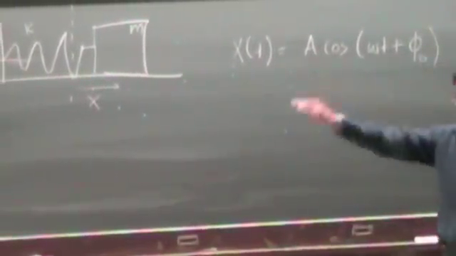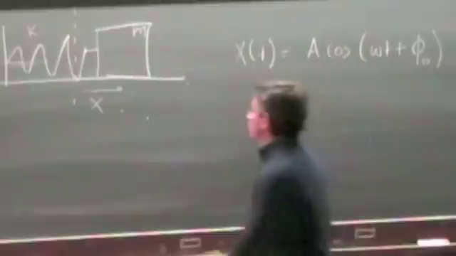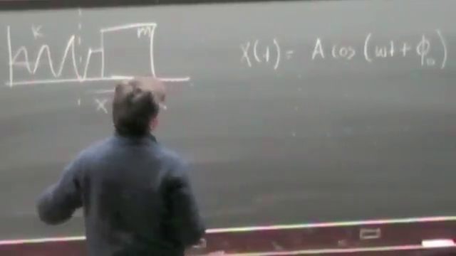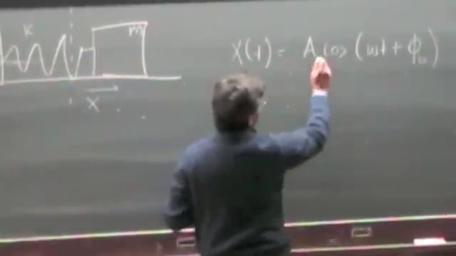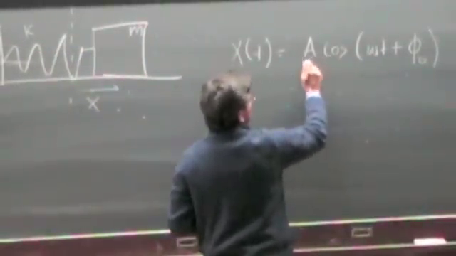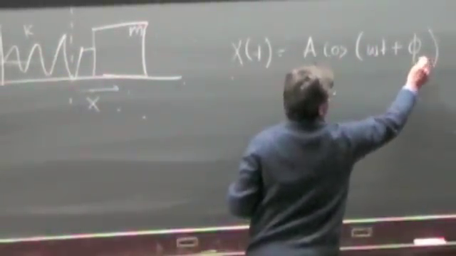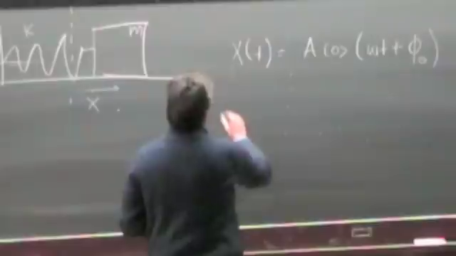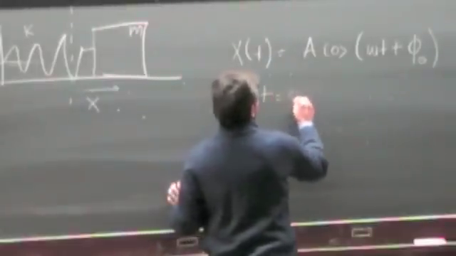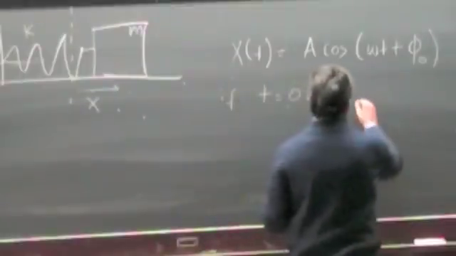That should work for any oscillator. What's going to be different depending on the mass and the spring constant is this, and you can change that. And depending on the initial condition, you might have a different phi 0, depending on how you started this motion.